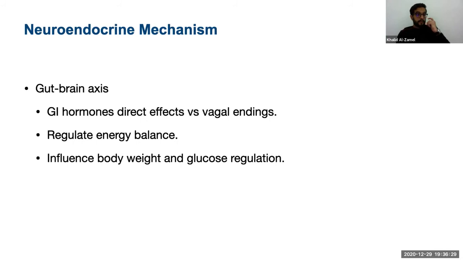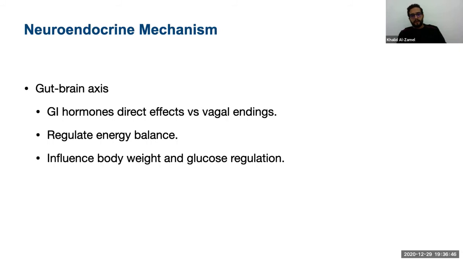So now the gut-brain axis: the GI hormones have direct effects on controlling glucose metabolism, versus acting by vagal endings.